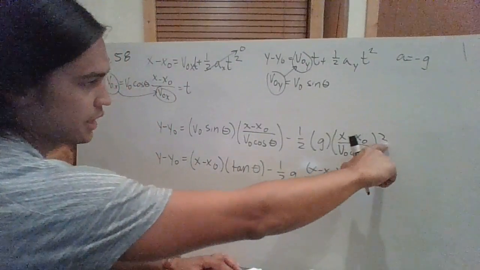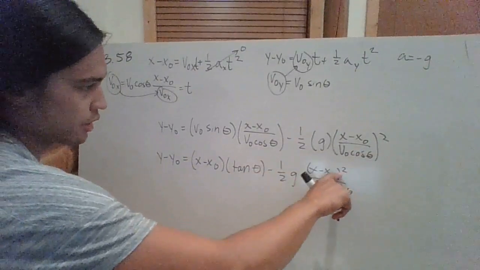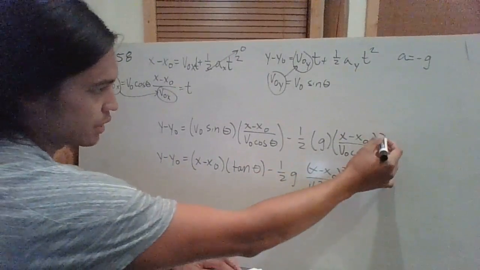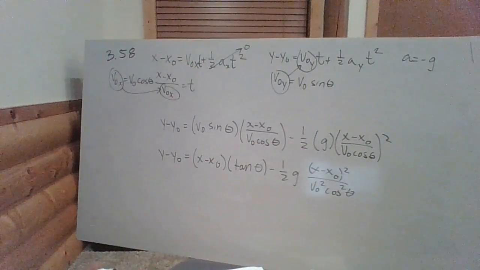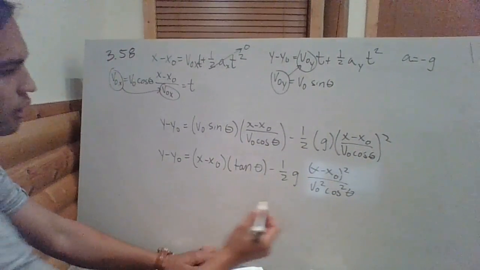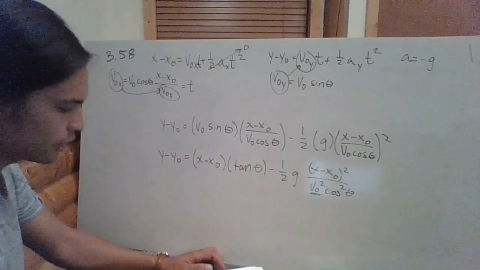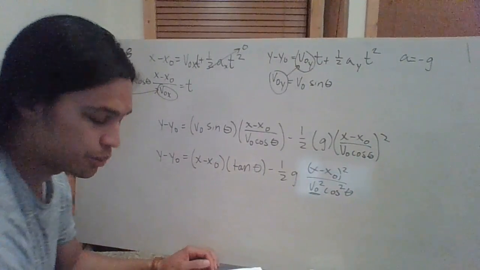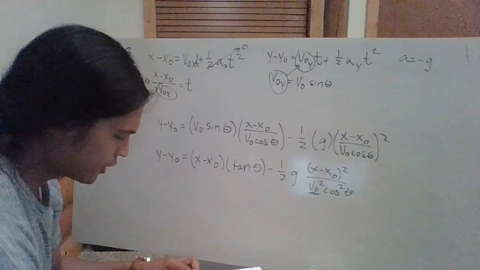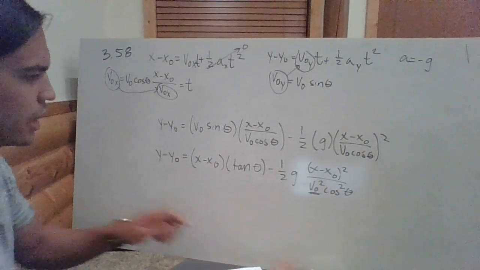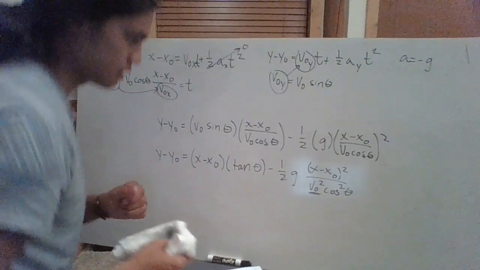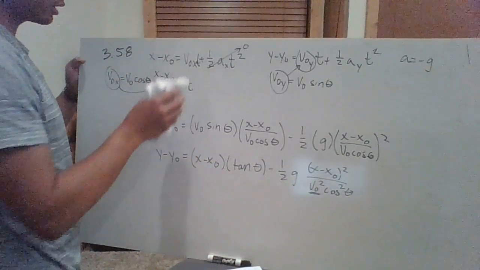I already brought in the square here, so the square goes into each of these terms. So now we just need to solve for v naught, and this is just a lot of manipulation at this point. I'm out of space, so I'm going to start over. I already erased all this.